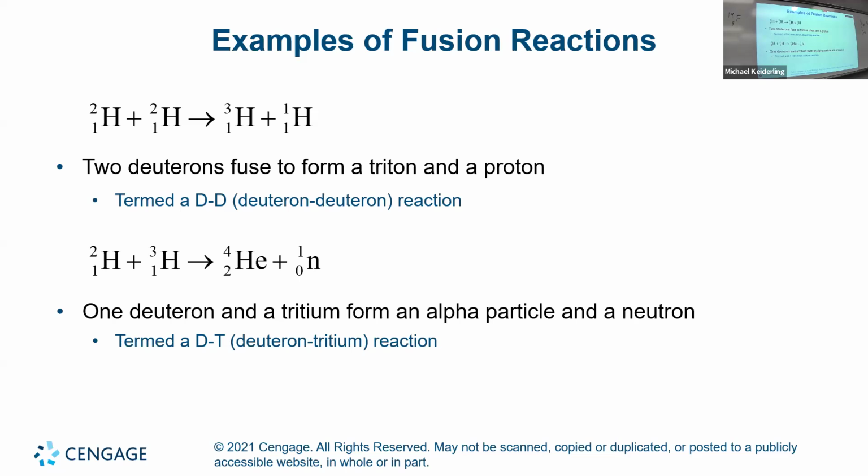So, some examples of fusion reactions. These are the ones that are considered for actual processes, like deuterium-deuterium fusion, where 2 deuteriums fuse to form tritium and a proton, or deuterium-tritium fusing to form an alpha particle and a neutron.